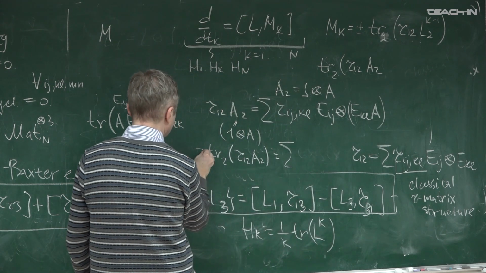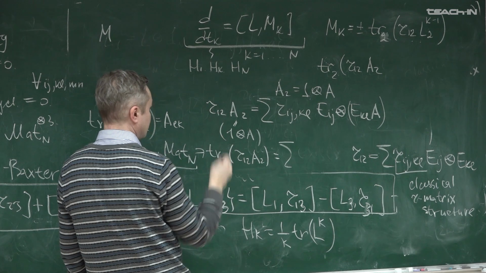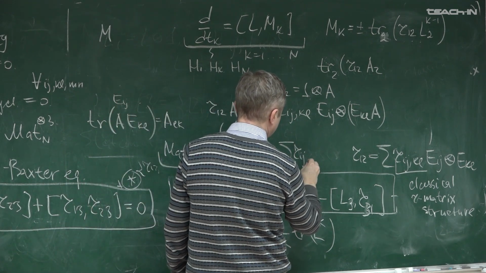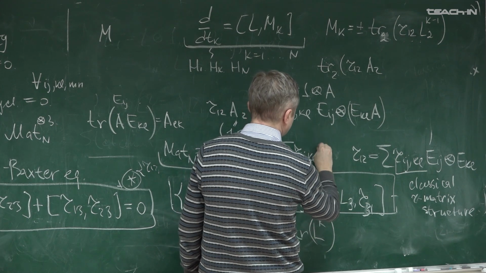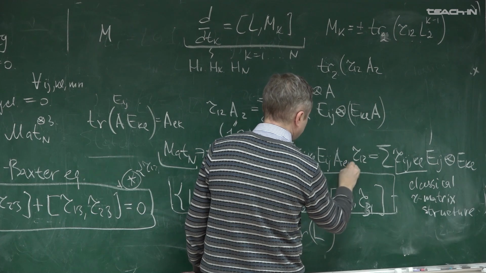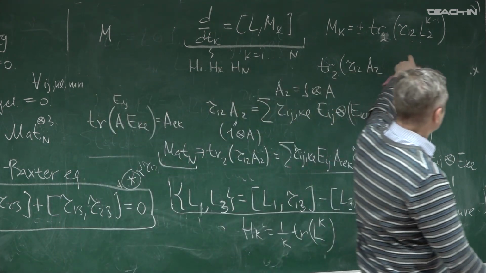It is now just an element of the original matrix space, and it is given by Rijkl Eij A LK. And this is what we mean here.